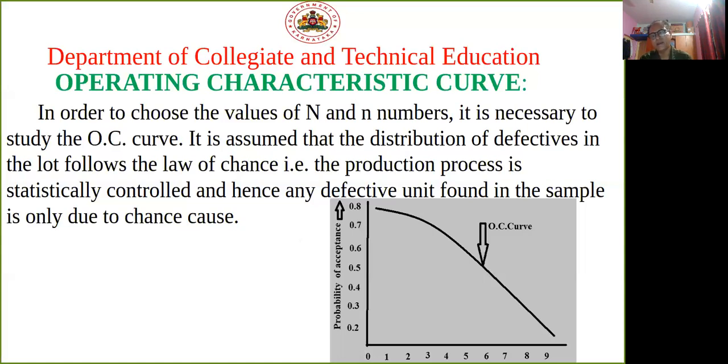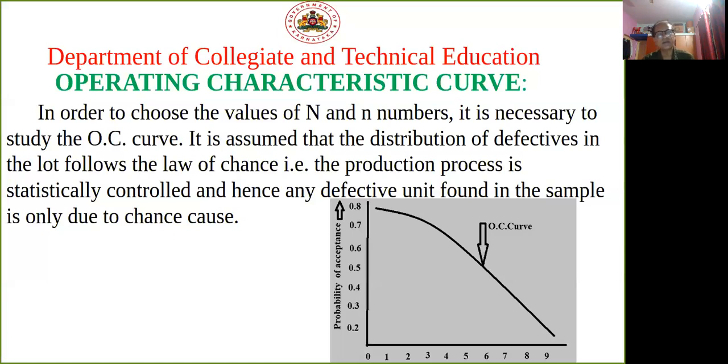With the help of these two things, we can draw an OC curve. We will be studying the drawing of OC curves in two styles. One is by means of tables, where we draw the OC curve by taking some factors. The other is that we can calculate and draw the OC curve.